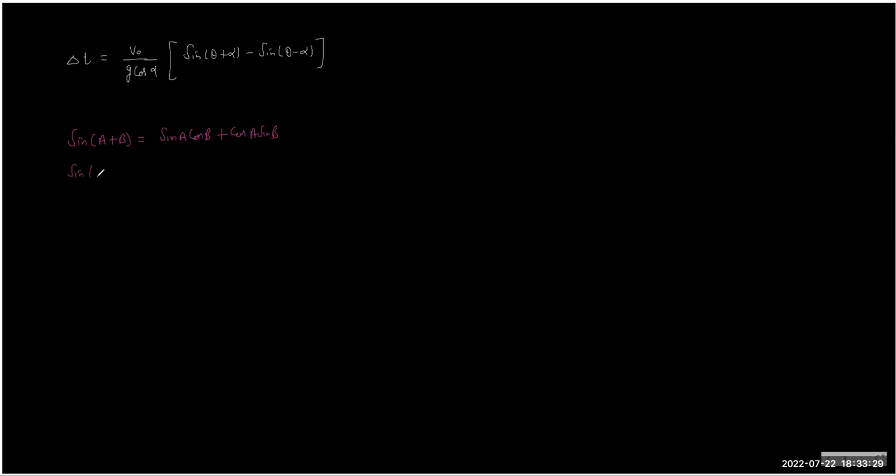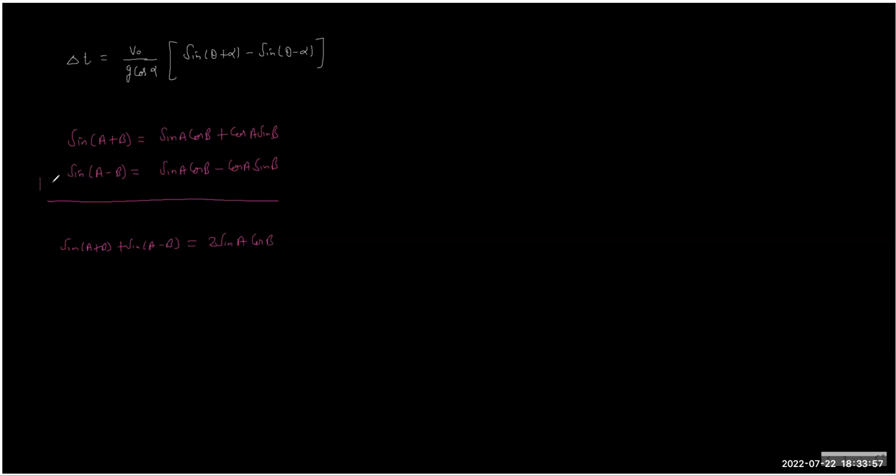And similarly, sine of A minus B is equal to what can we write? Sine A cos B minus cos A sine B. So if I add these two equations, I get a very nice relation. Sine of A plus B plus sine of A minus B is equal to 2 sine A cos B.